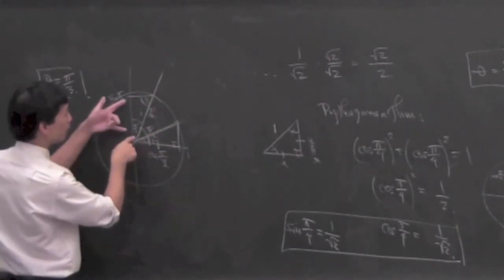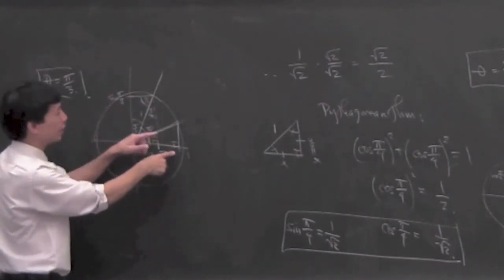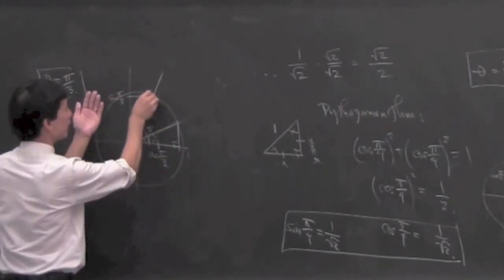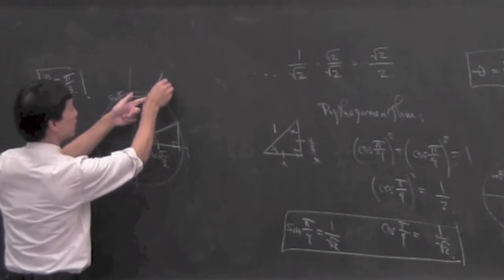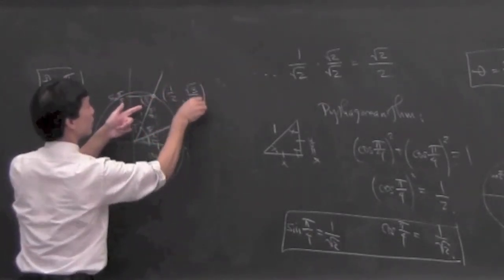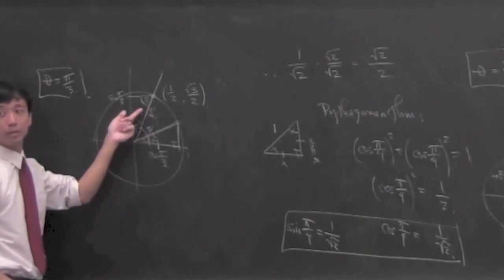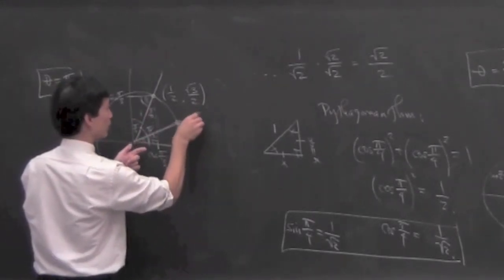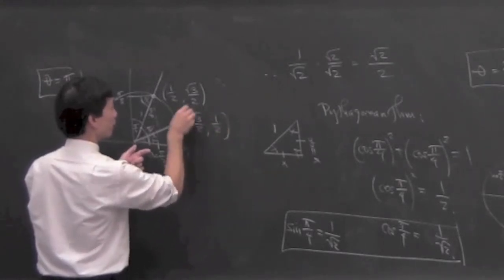And we have the same triangle that we had here, except flipped over. So that tells us that the x-coordinate is a half, and the y-coordinate is root 3 over 2.